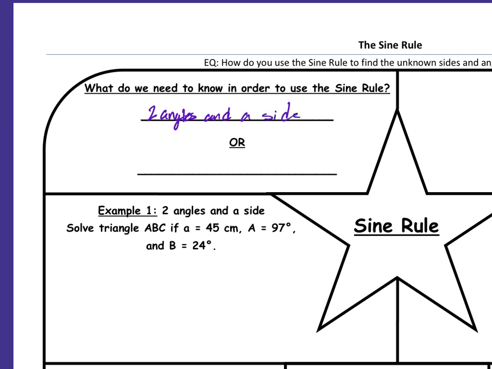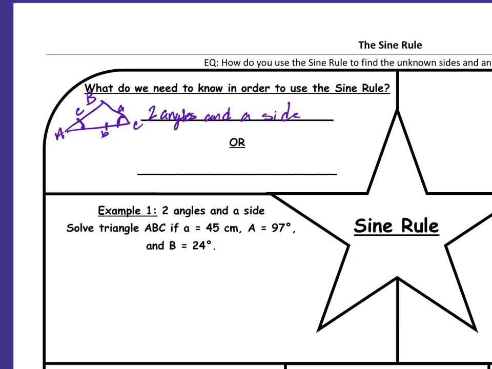So if I have a triangle, it's going to be really ugly. Don't judge me on my triangle. I have angle A, angle B, angle C, side A, side B, side C. If I have this angle and this angle and this side, I should be able to use the law of sines. Two angles and any side, I should be able to do the law of sines.